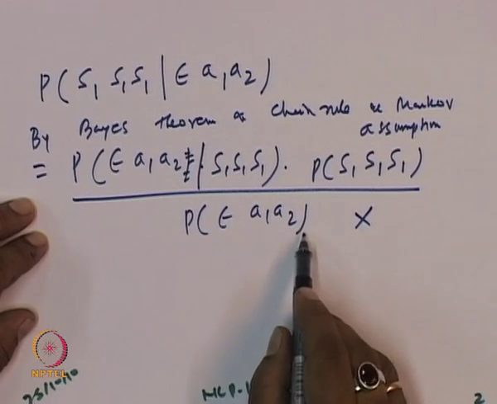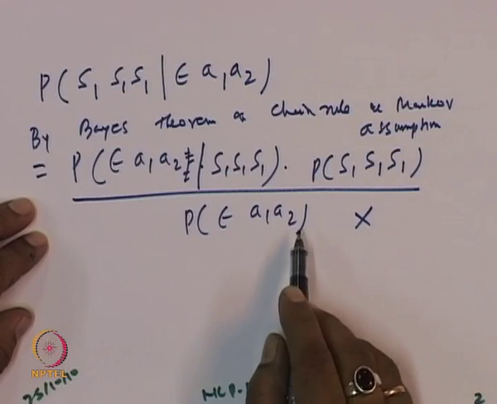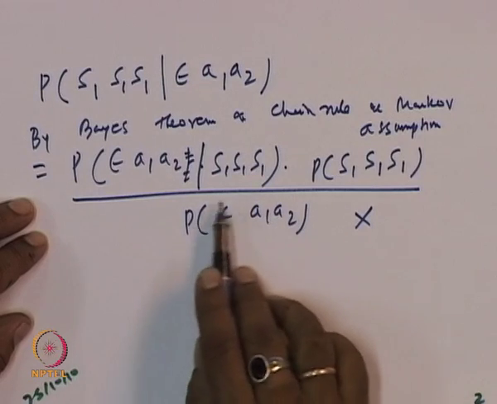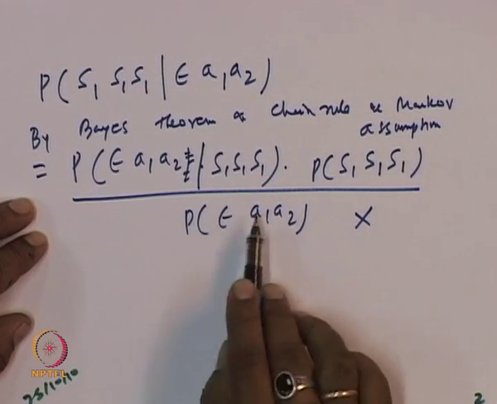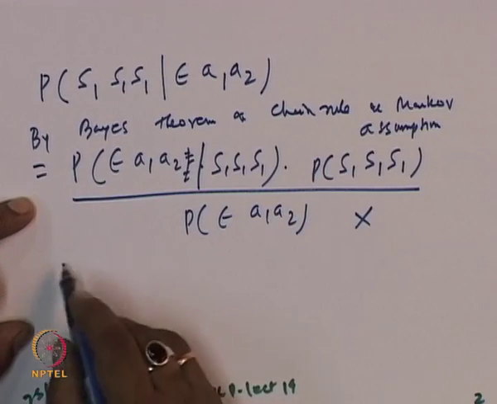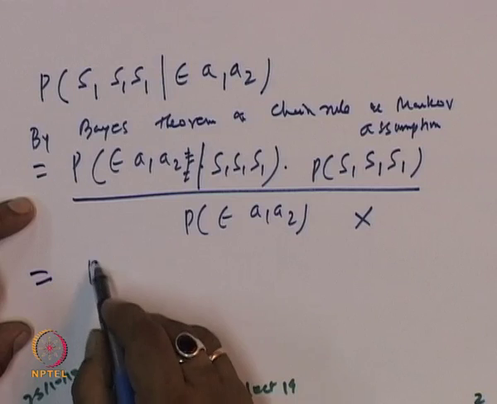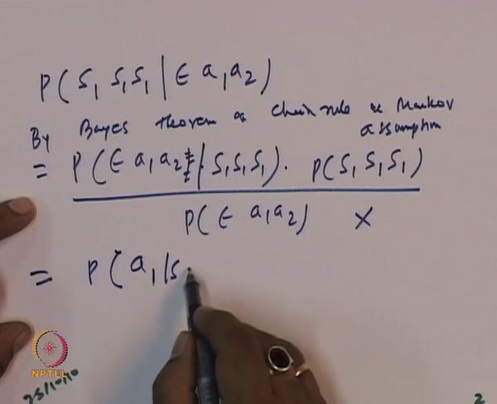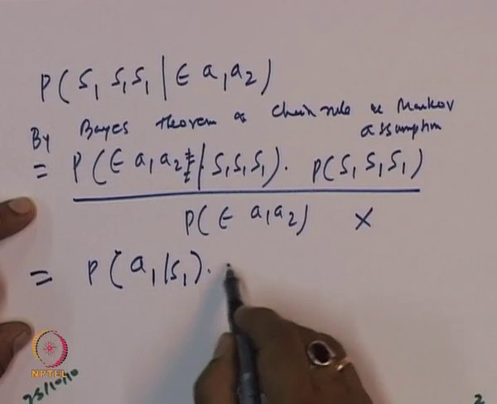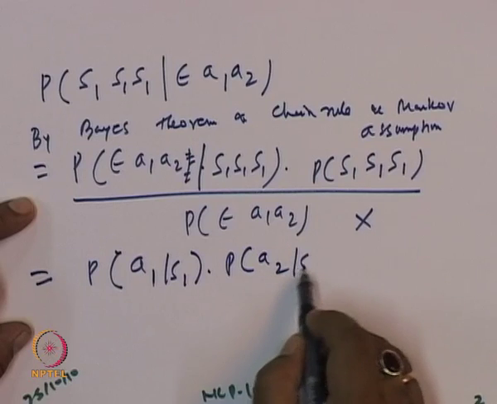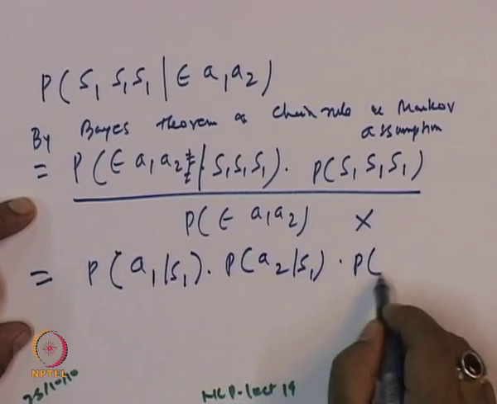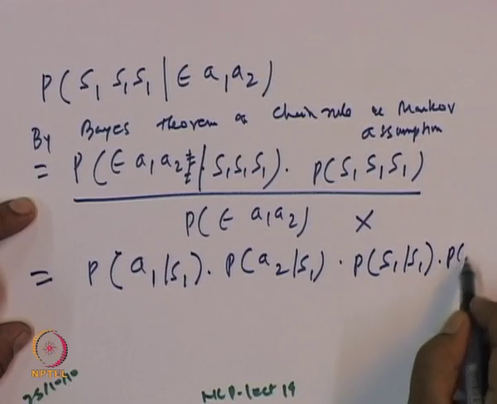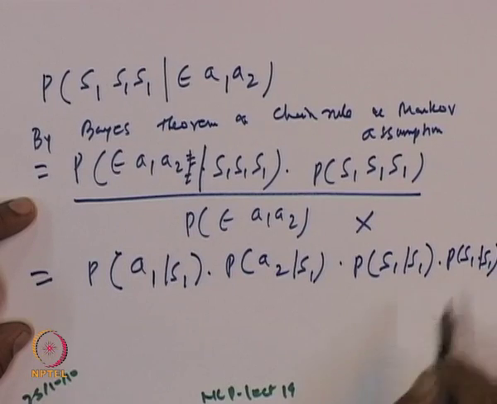This denominator is not computed, because these probability values are used for comparison, and the denominator is the same for all the nodes which are compared. So, this will be equal to probability of A1 on S1 into probability of A2 on S1 into probability of S1 on S1 into probability of S1 on S1.